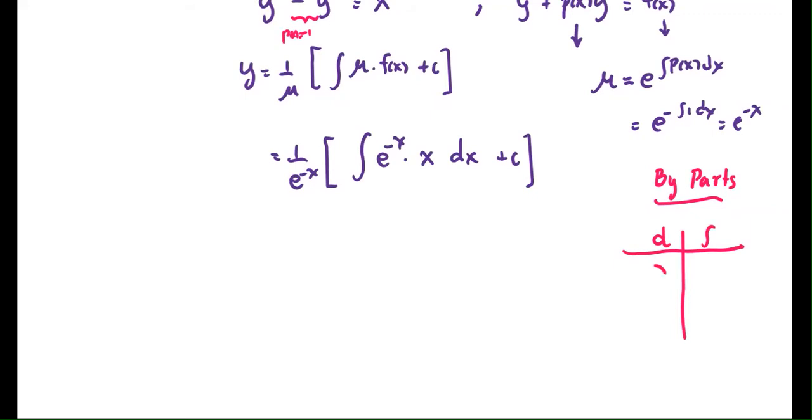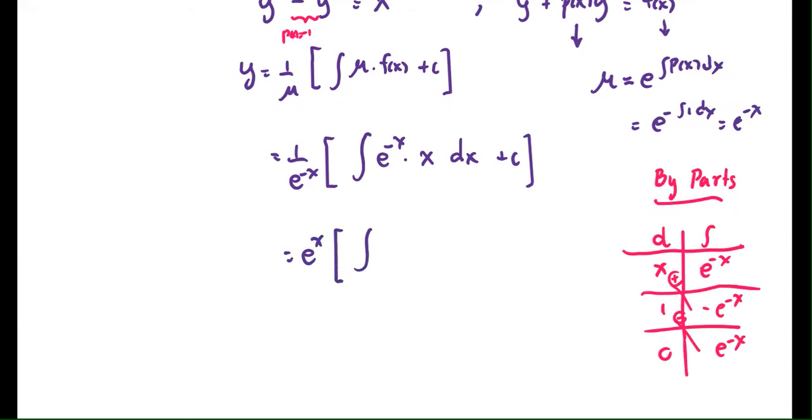So find the derivative for the x, antiderivative for e to the negative x: 1 here, 0 here, antiderivative negative e to the negative x, e to the negative x. Multiply crosswise down, plus sign here, minus sign here, and 1 over e to the negative x is e to the x.